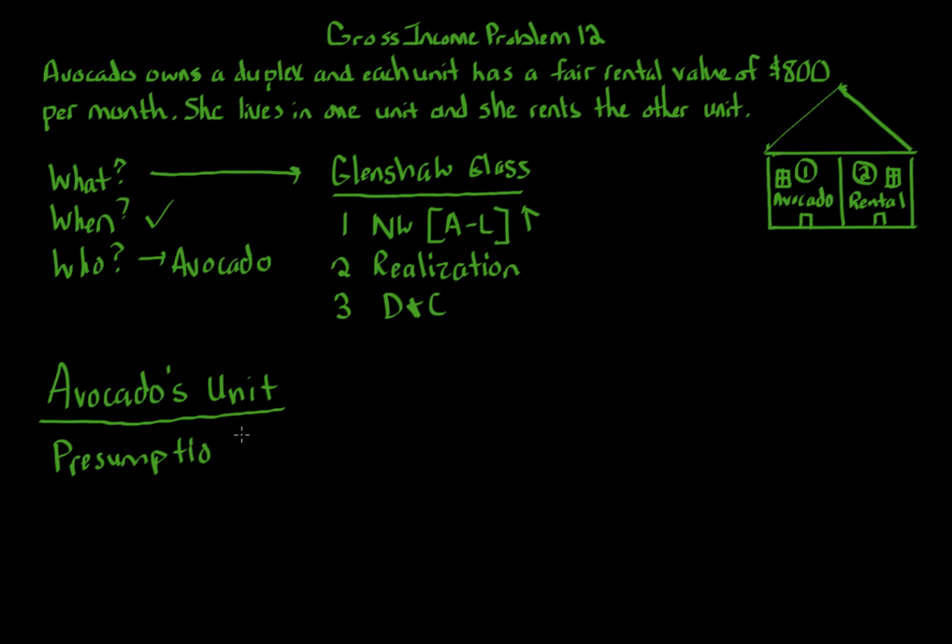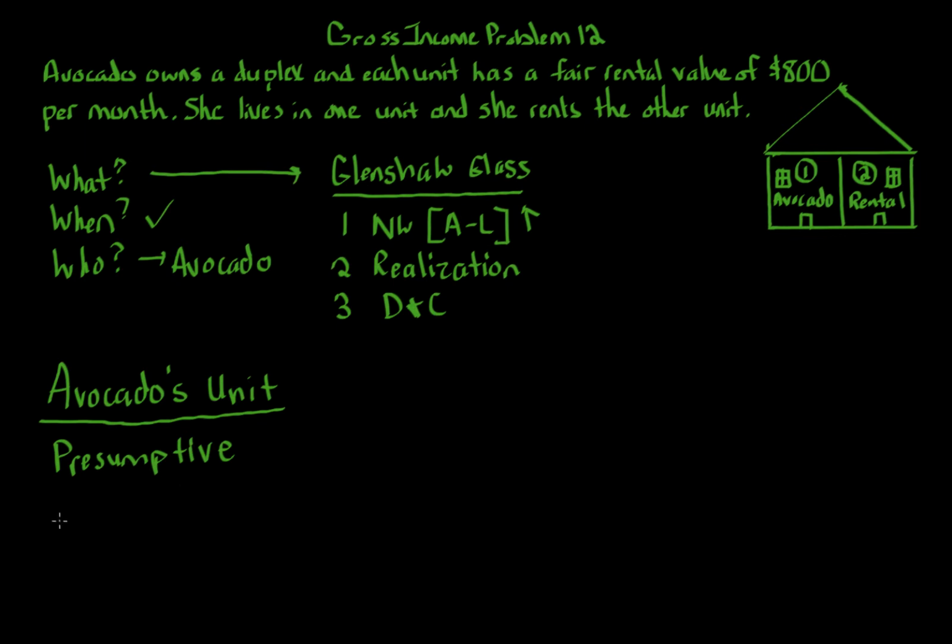Presumptive, not presumption, sorry. Presumptive income basically deals with one of 2 things. If you own property, like Avocado owns the duplex, and then you use it, the idea is that if you rented it out to someone else, you would record income. But you're renting it to yourself in a way, so economically you should have to record income from an economic perspective. Well, from a tax standpoint, gross income does not include presumptive income.